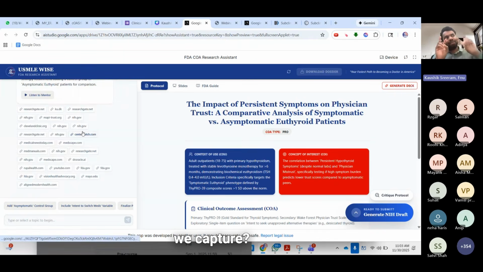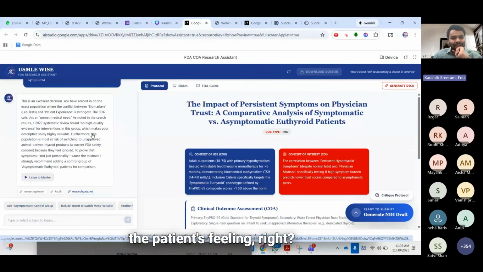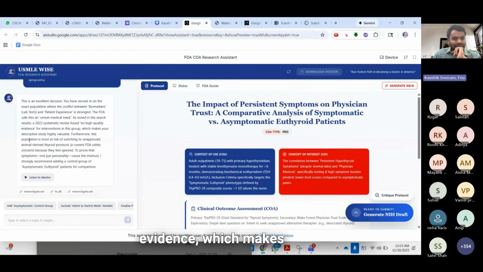So what did we capture? We captured two things, that is the lab test and the patient's feeling, right? As noted in the search, no high quality evidence, which makes your descriptive study highly valuable. Furthermore, this population is most at risk of switching to unapproved animal-derived thyroid products because they feel ignored. So that is what it is telling you, right?